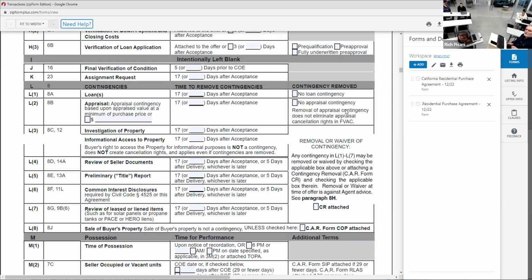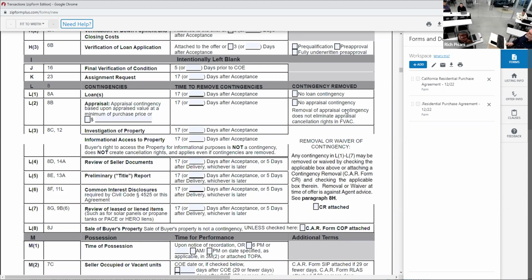Review of leased or liened items. Solar panels sometimes are leased, water softeners, stuff like that. Anything that's leased, you've got 17 days to look at it. Sale of buyer's property.